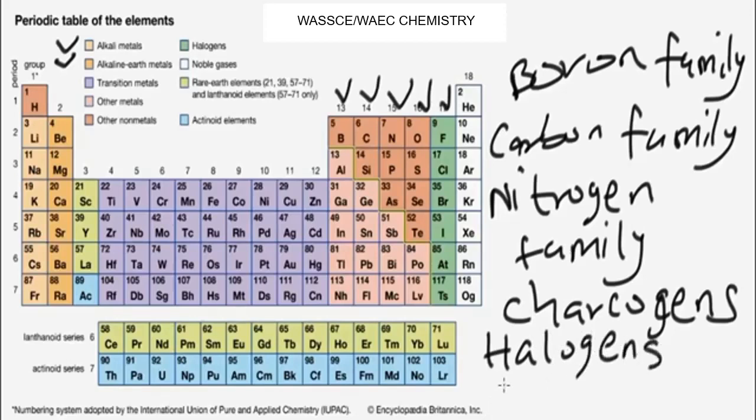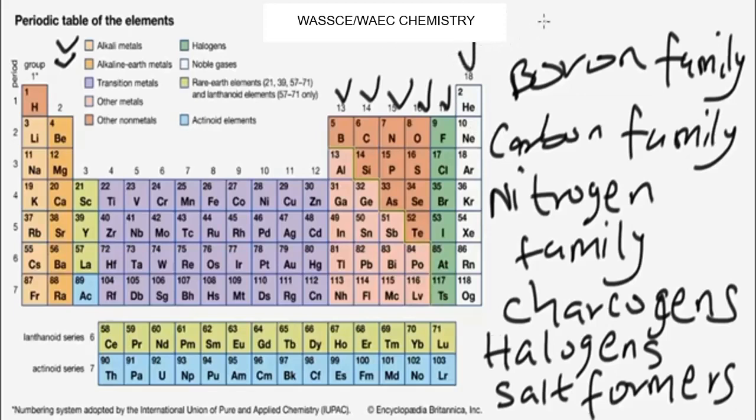Either you call them halogens or you call them salt formers, so they form salts. Elements in group 8 are referred to as the inert gases, noble gases, or rare gases.